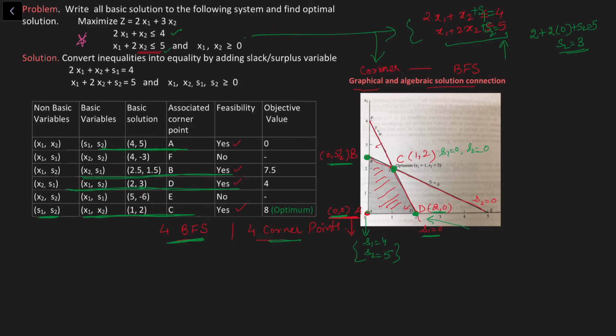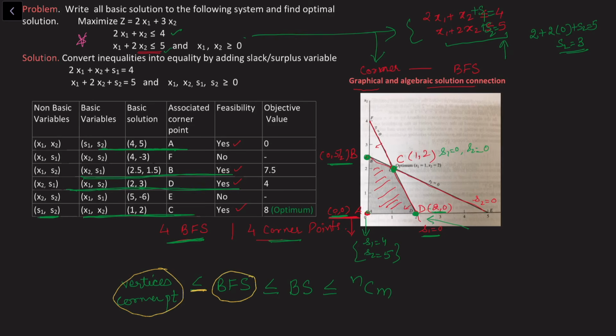We have mentioned now this in the inequality: vertices or the corner points are less than or equal to basic feasible solutions, which are less than or equal to basic solutions, which are less than or equal to n choose m. So in this case, what I have shown is that the vertices or the corner points are equal to basic feasible solutions.